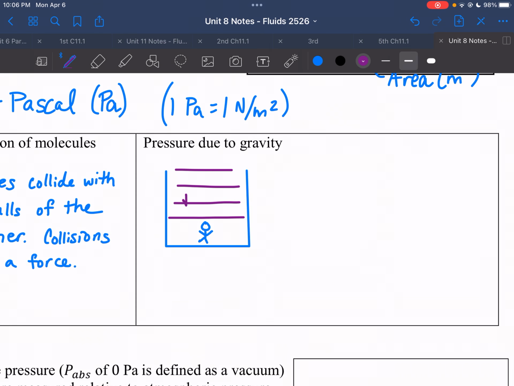And each one of those layers is going to be applying some force down. So the weight of the fluid above you is what is creating that pressure, what's creating that force. So the weight of the fluid.